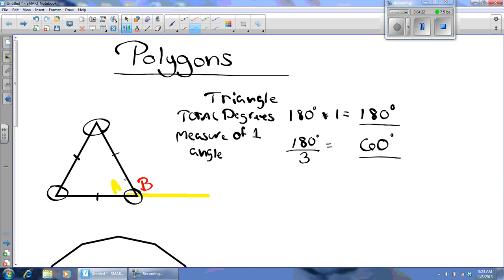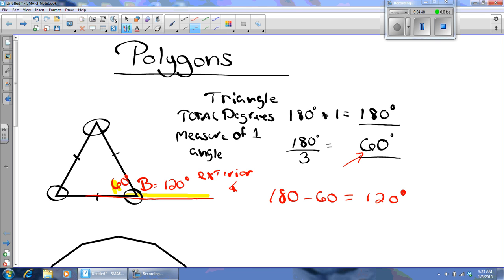Well, I know that the measure of angle A is 60 degrees because I figured that out over there. I know that there's 180 degrees in a line. So I can take 180 minus 60 and get 120 degrees. Angle B is 120 degrees. So that's the measure of an exterior angle equals 120 degrees. Pretty simple stuff.